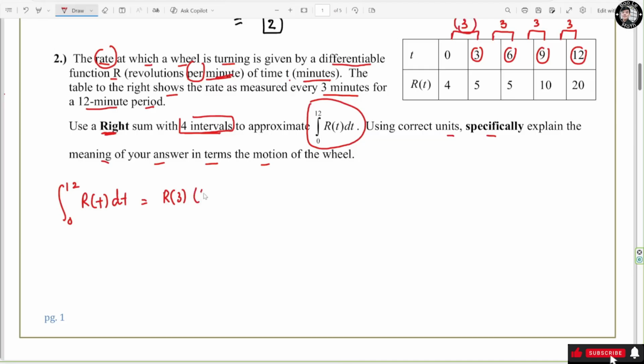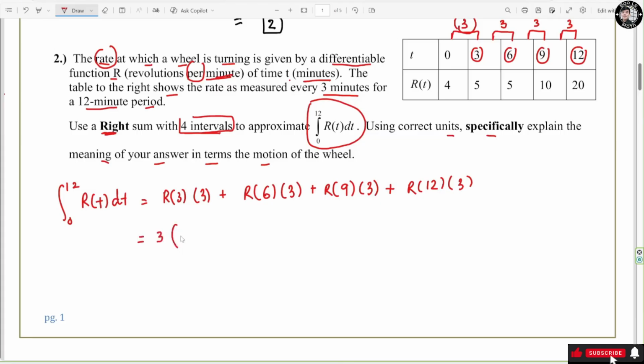So times 3 plus r of 6 times 3 plus r of 9 times 3 plus r of 12 times 3, right?